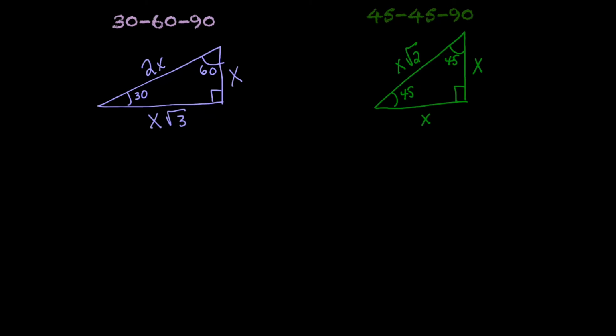So what is the sine of 30 degrees? Well, it's the opposite over hypotenuse, so x over 2x, and then canceling our x's out, we get 1/2.